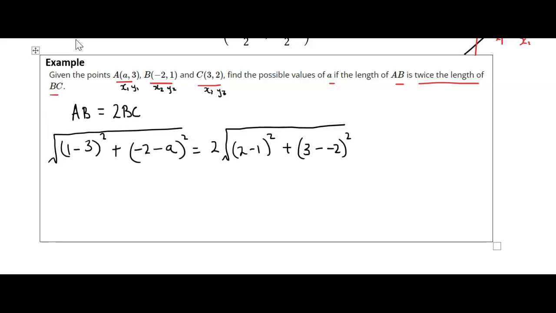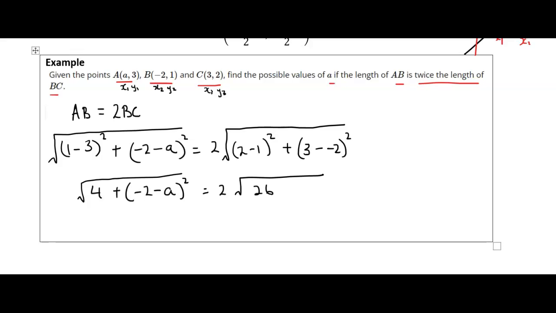Now you could solve this by hand, so I might just quickly do a few more lines. Negative 2 squared is 4, and here we're just going to keep negative 2 minus a squared. Then let's tidy this up. I'm going to have 2 times, this is 1 squared, which is 1, and then 5 squared, so it's going to be 26.